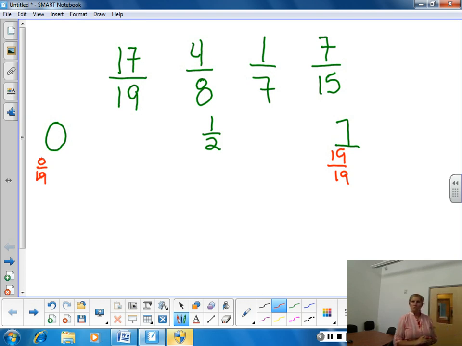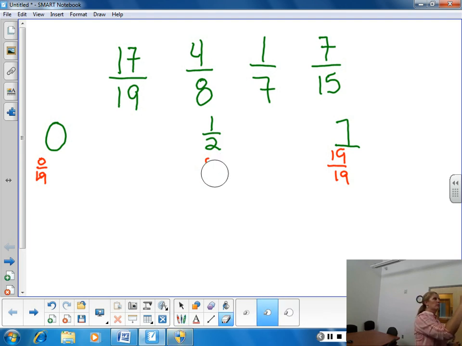A little tricky because it's an odd number, but what would half of 19 be? Well, if you divided it by 2, you'd find it to be 9.5. So if you had 9.5 out of 19, that would be a half. So 17/19 obviously is way over here on this end of the spectrum.